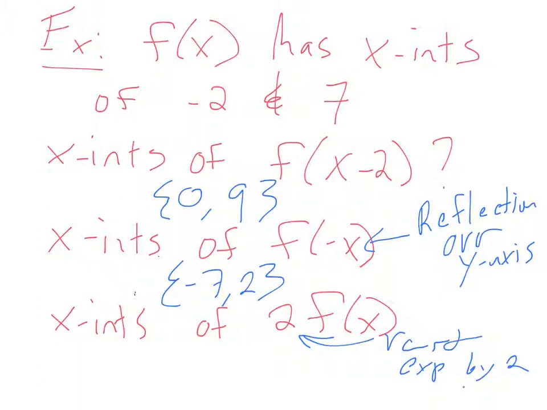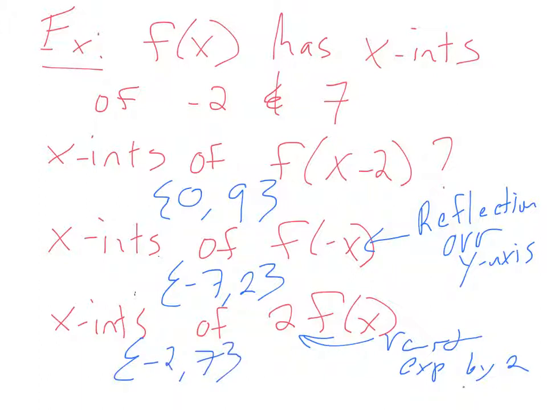If I take 2 and multiply it by 0, is that any different than just having 0? Because f of x itself, before we multiply by 2, is still going to be 0 at -2 and 7. If I multiply 0 by 2, it's still going to be 0. So it's still going to be 0 at -2 and 7, algebraically, right? And so it's actually not going to affect the x-intercepts. They're still going to be -2 and 7.